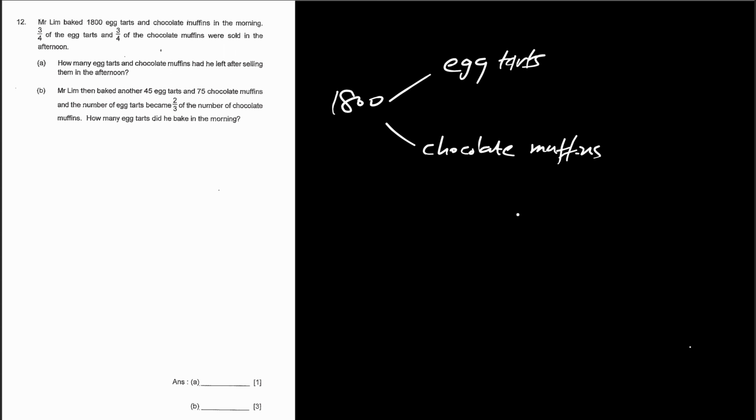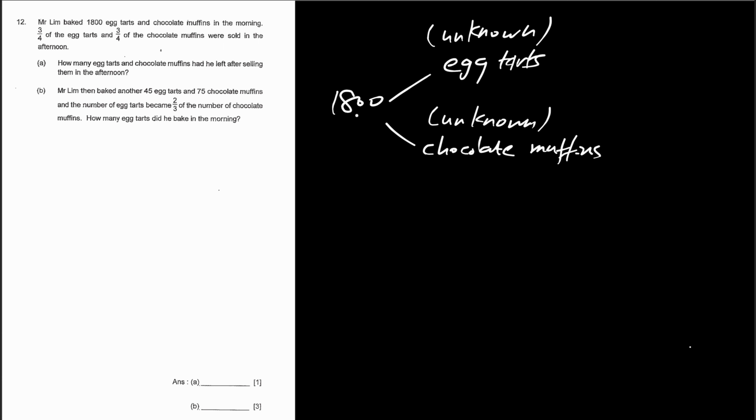Now, the funny thing is, we don't know how much is egg tart, and we don't know how much is chocolate muffin. So let's say this is unknown, and this is also unknown. But what is known? You know that they add up to 1800.